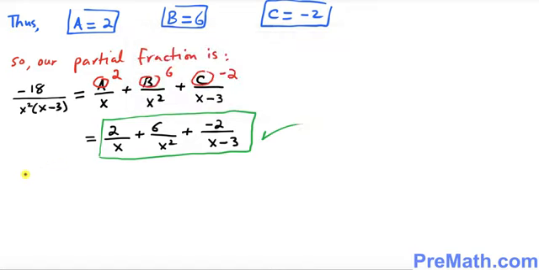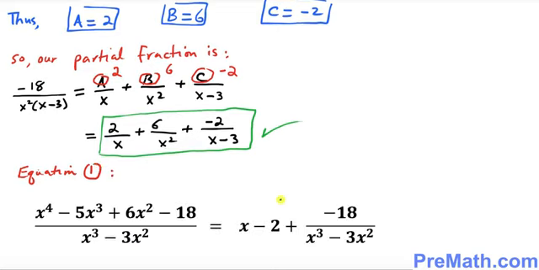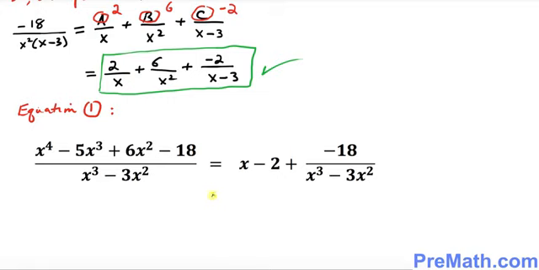Now let's go back to our equation number 1 that we did in the previous step. So this is the equation. Now we want to just put the final touches over here. As you can see, we can write this one as x minus 2 already.